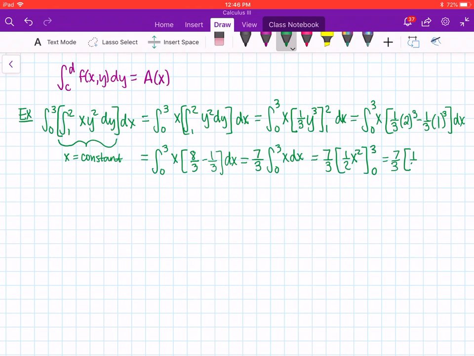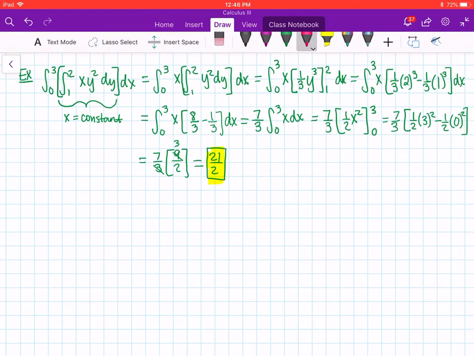We get 1/2 3 squared minus 1/2 0 squared. All together, 7/3 times 9/2 minus 0. And the 3 cancels like so, and we have 21/2. There we go. So we got some experience finding the antiderivative.